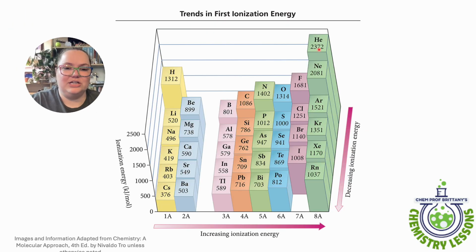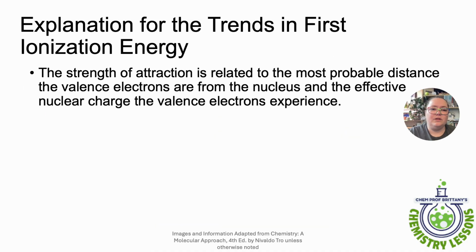Right here you can see the actual values of the first ionization energies, and you can see, generally speaking, we decrease as we go down the group, and then generally increase as we go across. So the reason for this is the strength of the attraction of that electron to the nucleus is related to the most probable distance that electron is from the nucleus and the effective nuclear charge acting upon that electron.